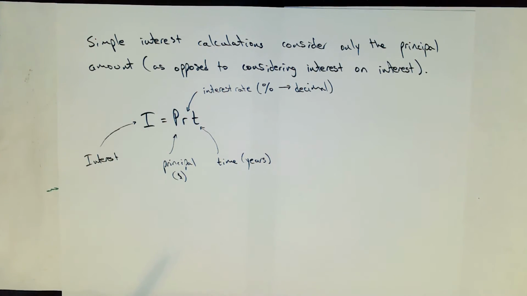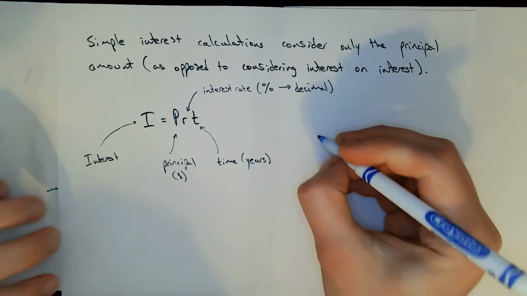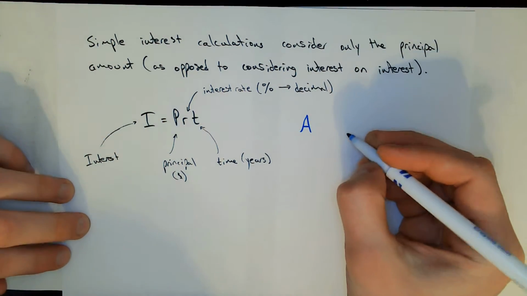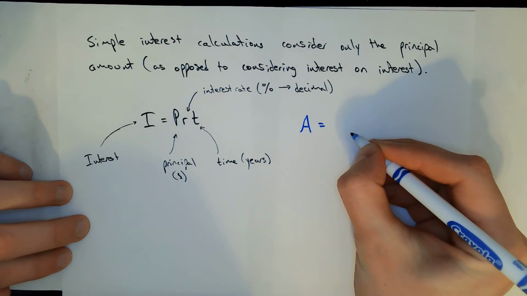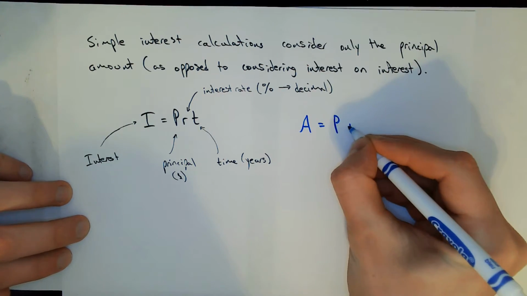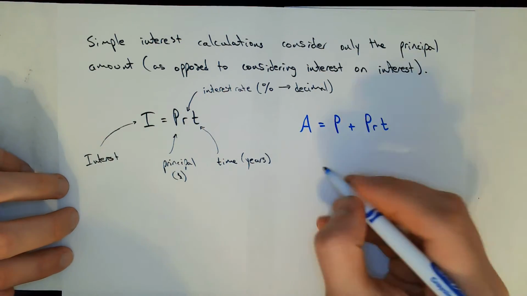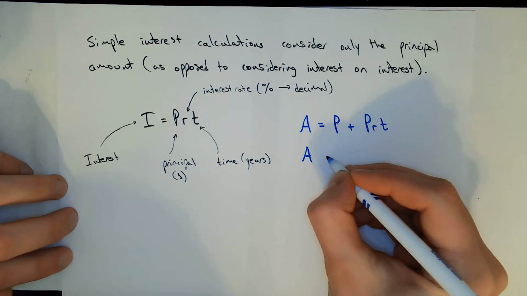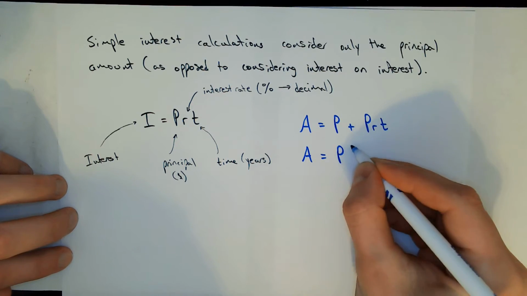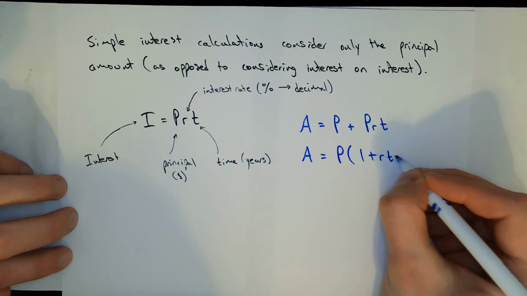based off of this principal. It's not the entire combination of the principal plus the interest, right? If I wanted to write that, I might write it as some amount, A, is equal to my principal plus the interest, which is PRT. So you might want to say total amount is equal to P times 1 plus RT.